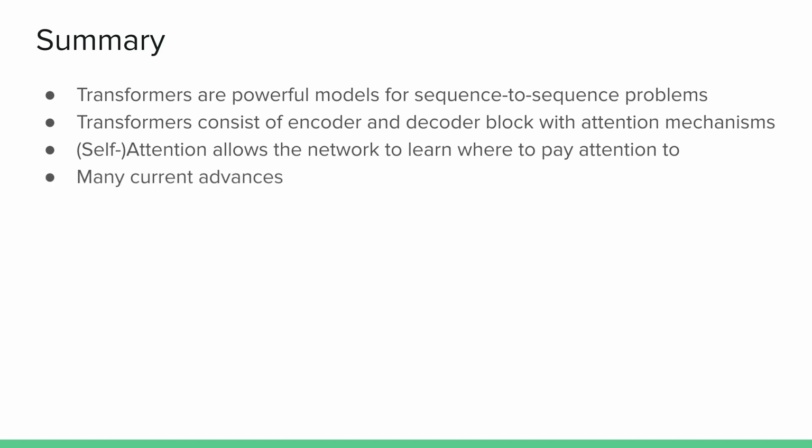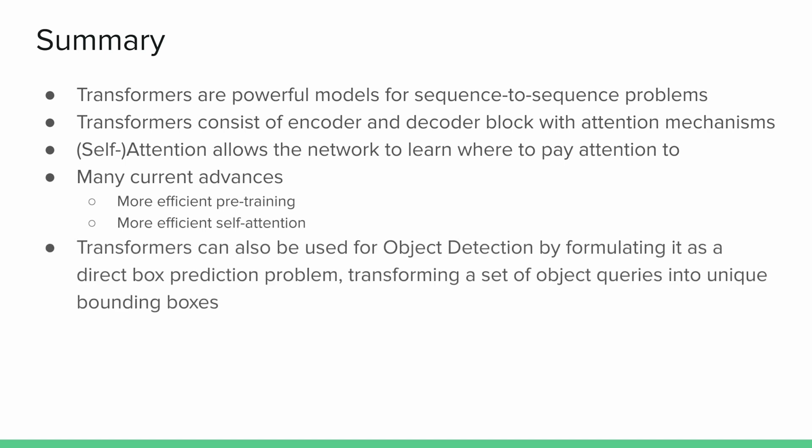There are many current advances, as you've seen, like how to improve pre-training, how we can do transfer learning, how we can compute this self-attention mechanism in a more efficient way, ideally with a linear time and space complexity algorithm. They can also be used for object detection, which we discussed at the end, by formulating it as a direct box prediction problem and transforming a set of object queries.